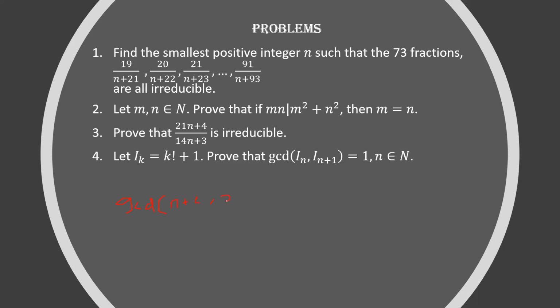Any number, for example x, where x lies from 19 to 91. Now you want to see the smallest value of n satisfying this. How to do that? It is nothing but finding the least prime number such that this is satisfied.